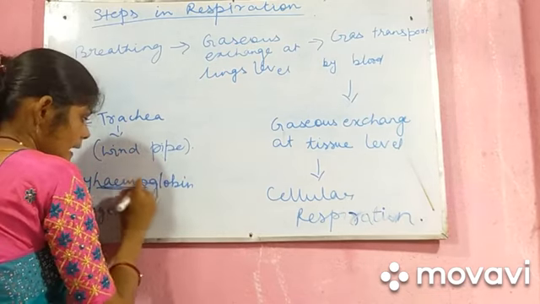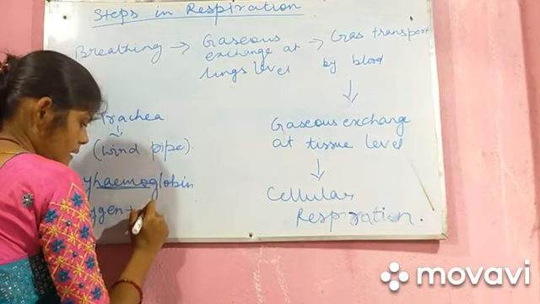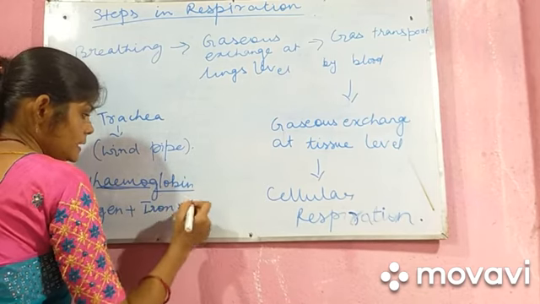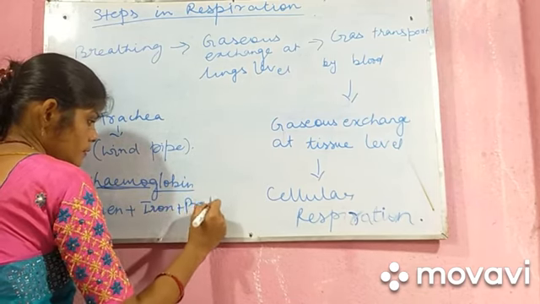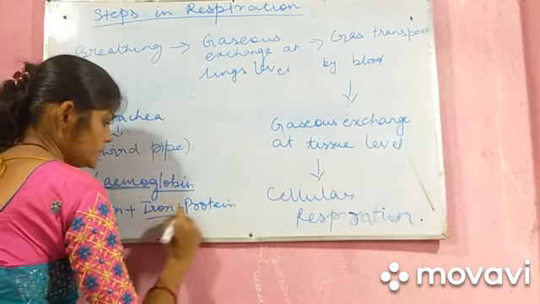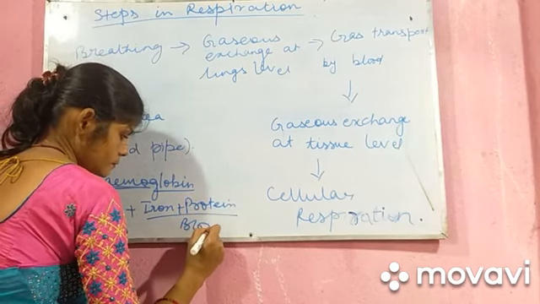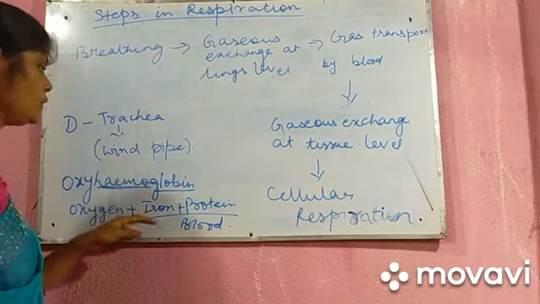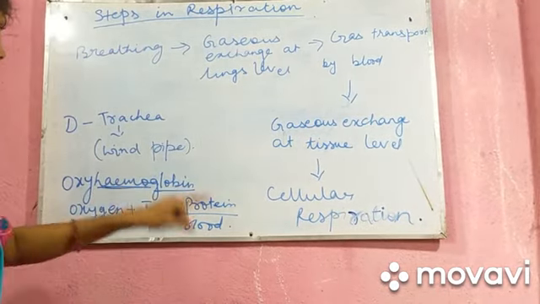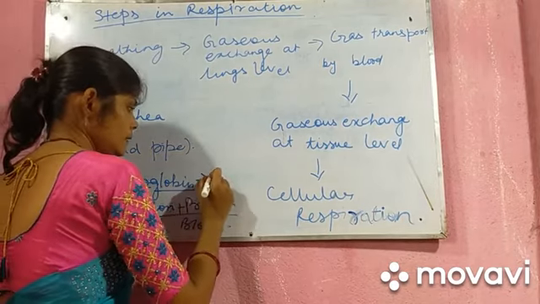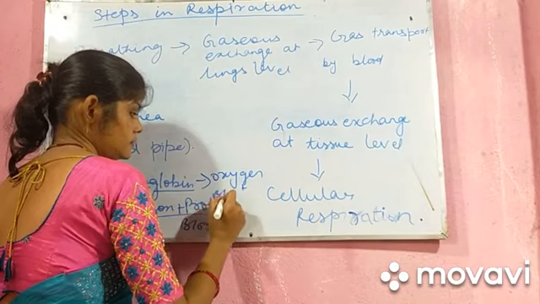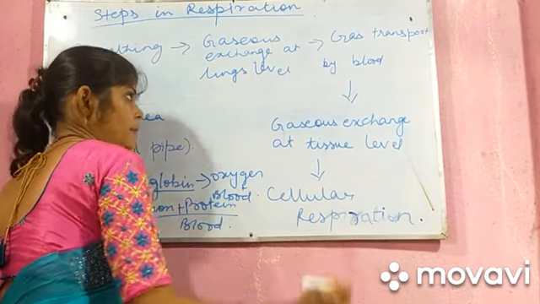Heme means iron, plus globin means protein. This together is known as blood. That means blood which is mixed with oxygen is called oxyhemoglobin. Oxygen plus blood is called oxyhemoglobin.